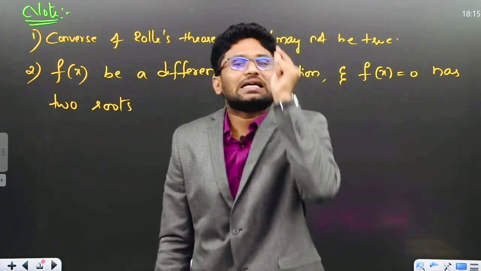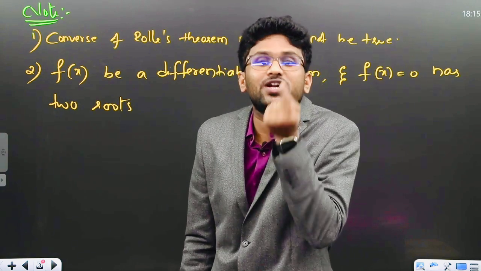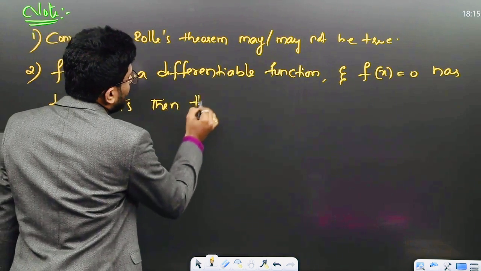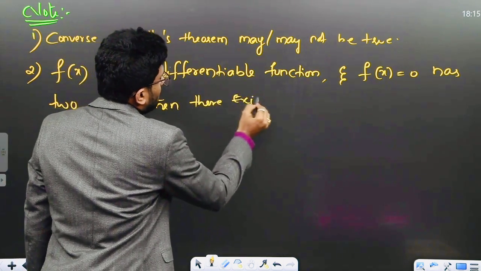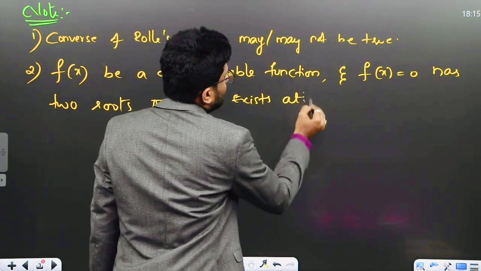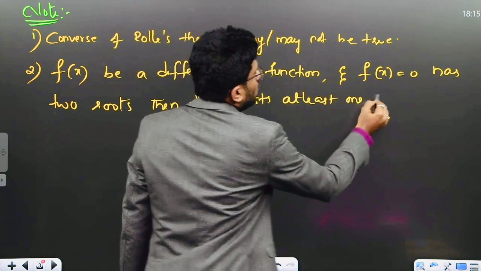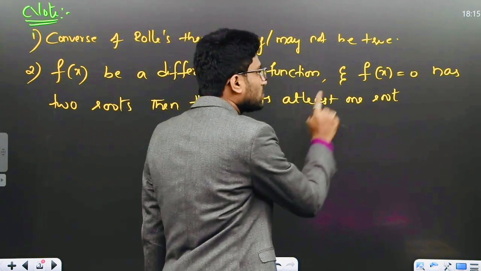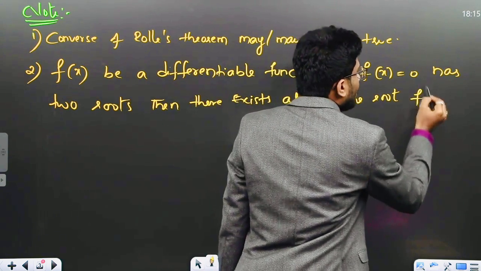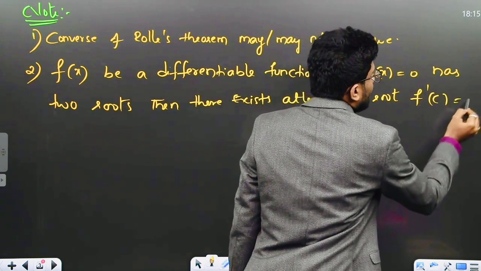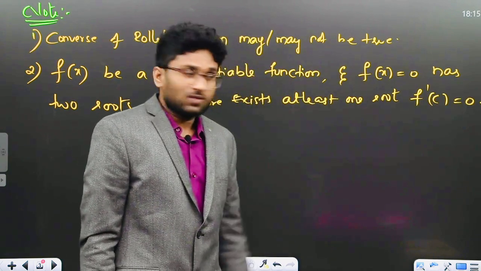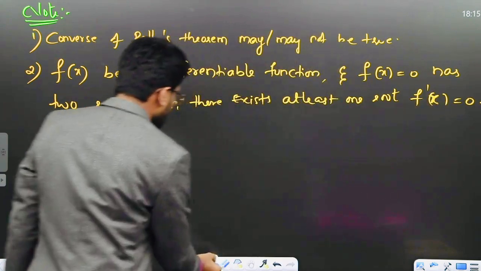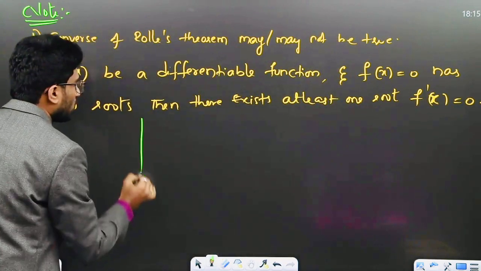Then there exists at least one root c such that f dash c is equal to 0. I mean to say that, my dear friends, even this is an application of Rolle's theorem.